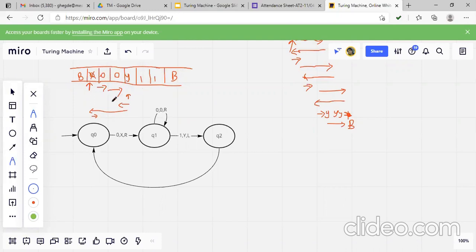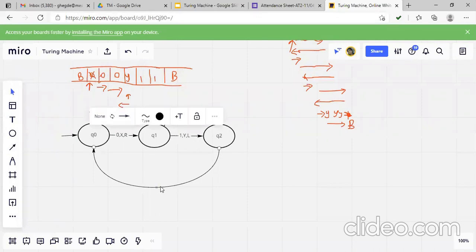So since we have the same process, we just connect it back here. So what do I have to write here? If I get a x, keep it as it is and move right. Okay, Tabish, it is not 1. When we move left, we get 0, right? Any number of zeros, and we move till we get a x.